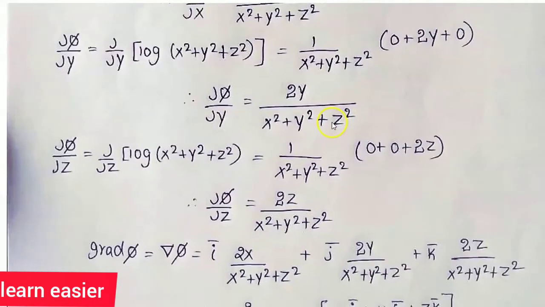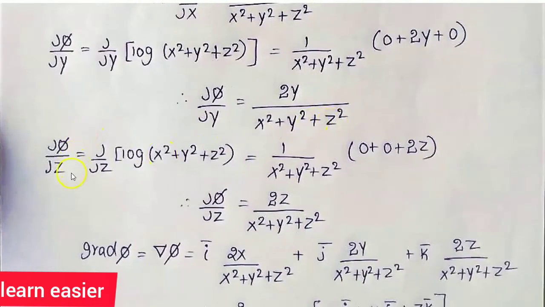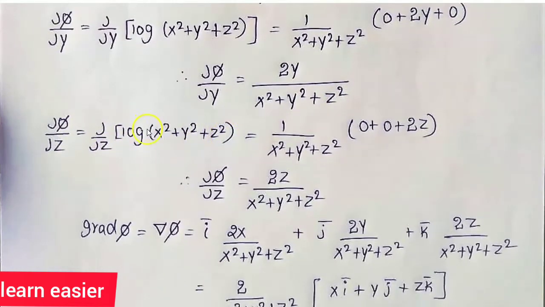Next we have to find out dou phi by dou z. So dou by dou z of log of x squared plus y squared plus z squared. In the same way, the derivative of log x is 1 by x. So 1 by x squared plus y squared plus z squared. The derivative of x squared is 0 and the derivative of y squared is 0.